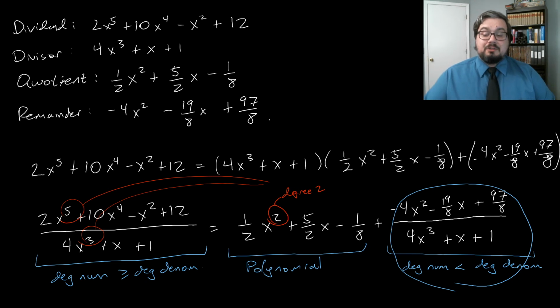And that's because the degree of the denominator is greater than the degree of the numerator. If x is huge, then the x cubed in the denominator of this fraction will be much, much bigger than the x squared on top. And so the denominator of this term is going to be huge compared to the numerator, which means the overall fraction is going to be tiny.